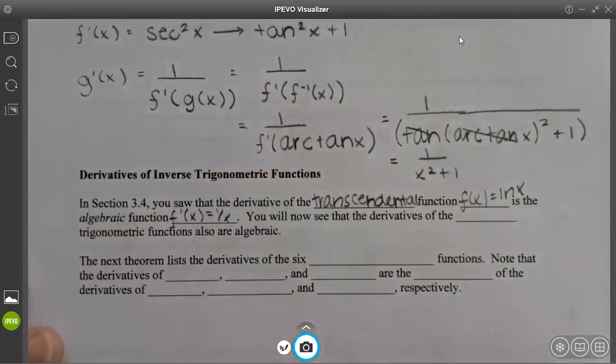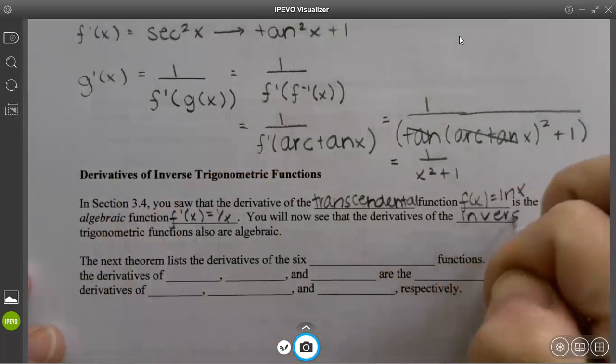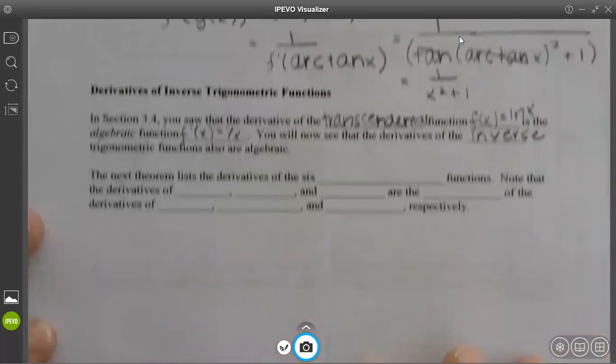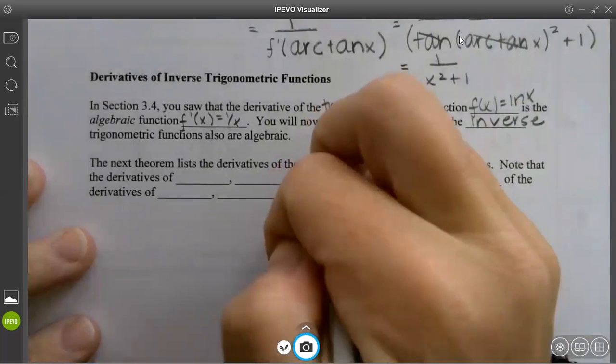You will now see that the derivatives of the inverse trig functions are also algebraic. The next theorem lists the derivatives of the 6 inverse trig functions.